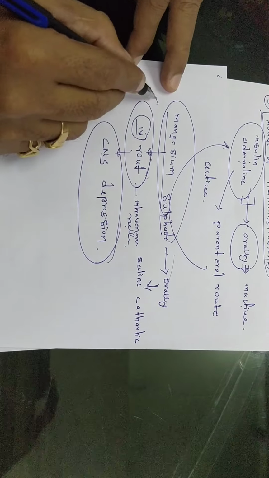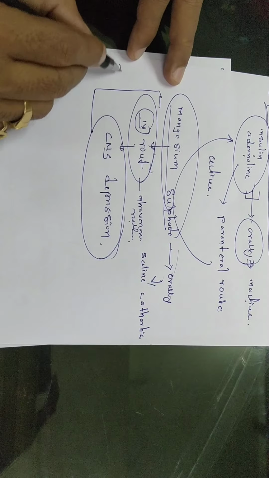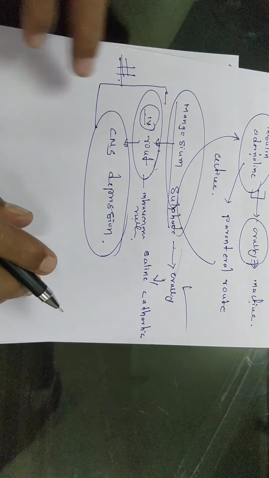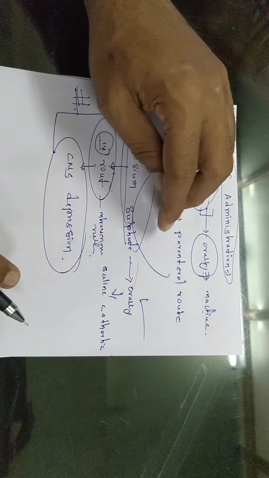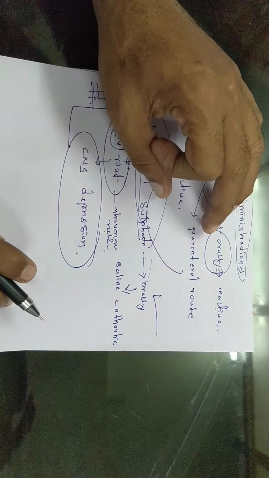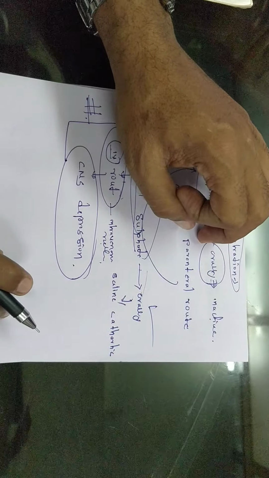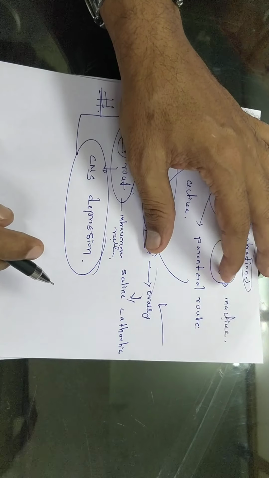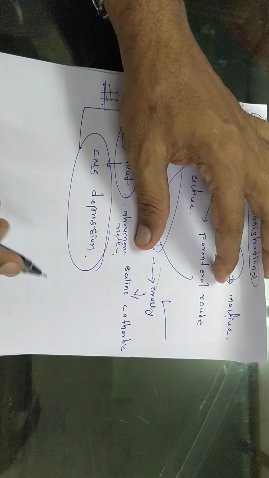That's why this route should not be used; it is given orally. That's why the route of administration is the most important factor. Thus, the route of administration can alter the effect of the drug.